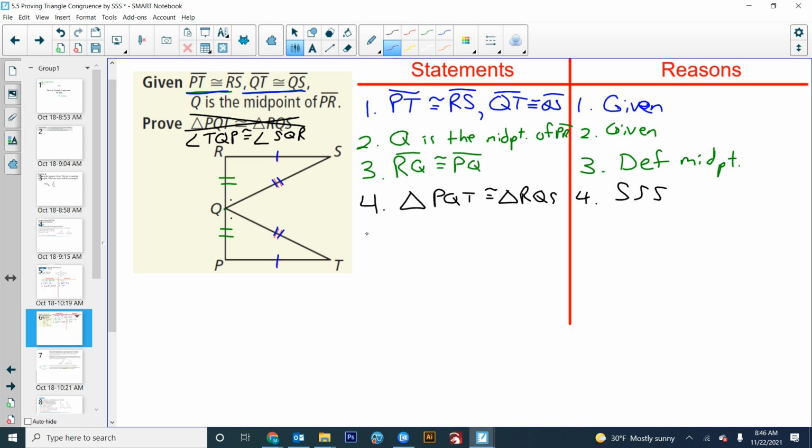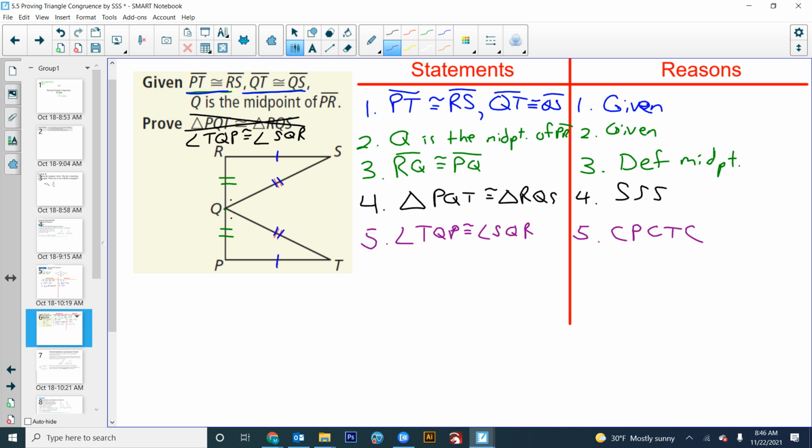Ready? Everything's the same. Oh, look! The triangles are congruent by SSS. Then the angles Olivia's talking about must be congruent. This is not on your proof. I'm making this up. By CPCTC.